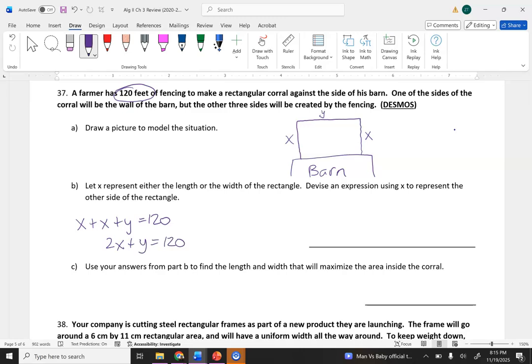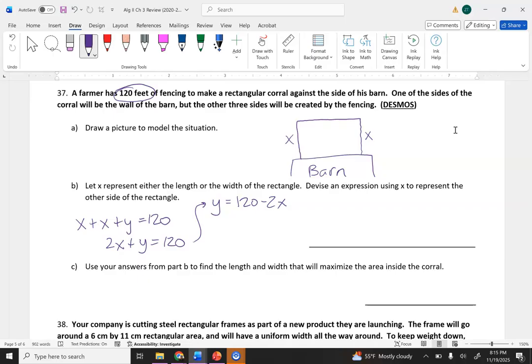Now, we can solve this equation for Y by moving the 2X over to the other side, by subtraction. That gives us Y equals 120 minus 2X. And why is this important? Because when you have two variables, you usually can't solve anything.